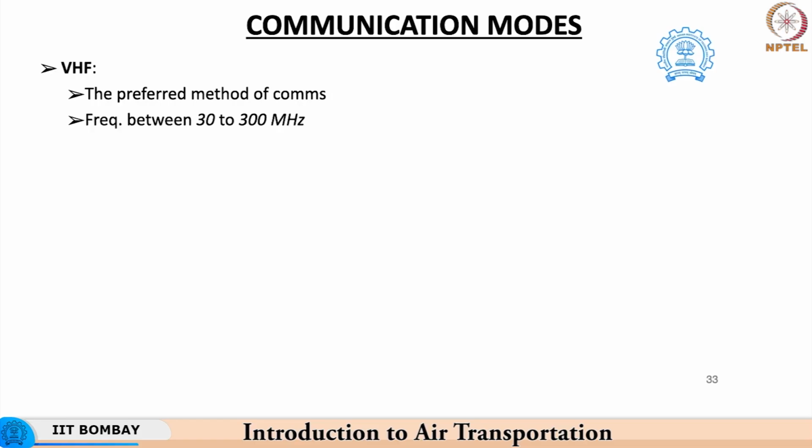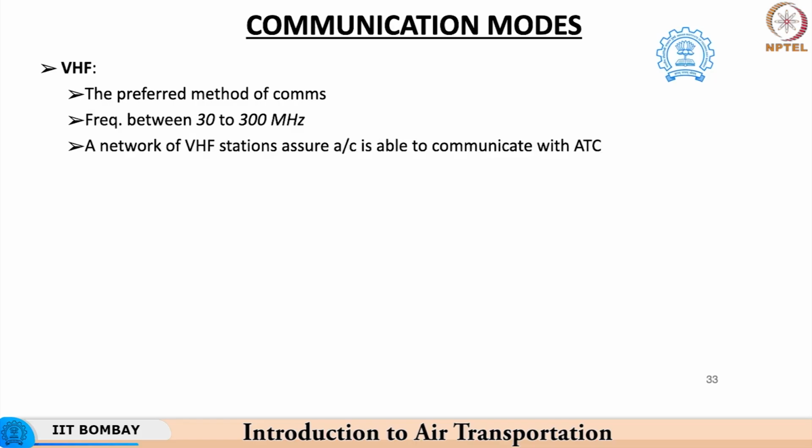The frequency allocated to such a communication is between 30 to 300 megahertz. The system overall makes use of a network of VHF stations that are set up all across the globe, and hence through the usage of these VHF stations, the aircraft is able to communicate to the ATC through direct or relayed manner.